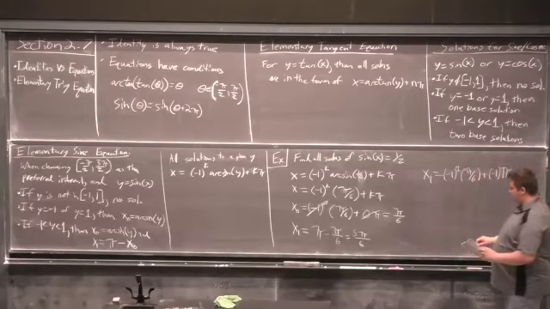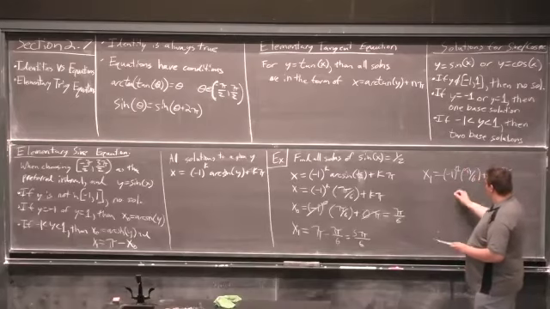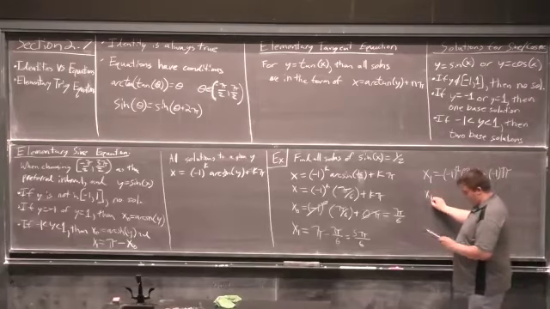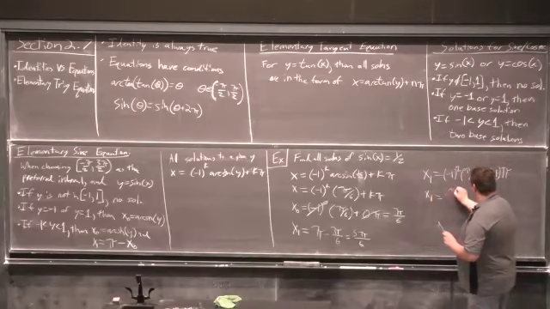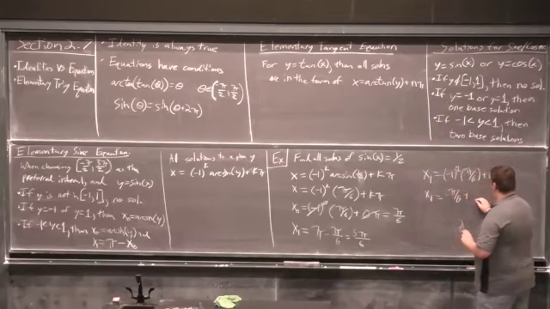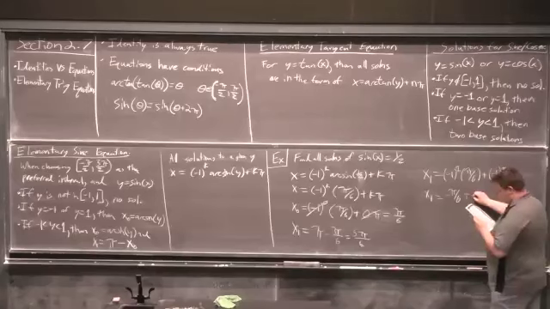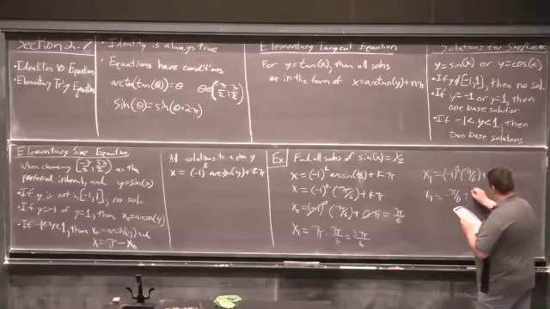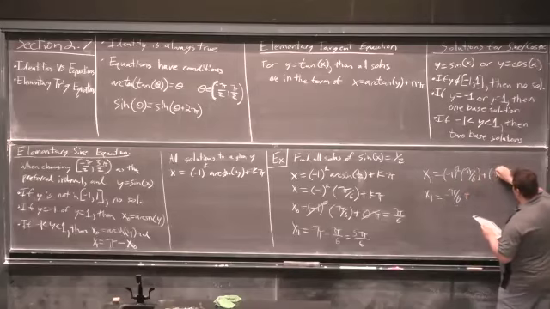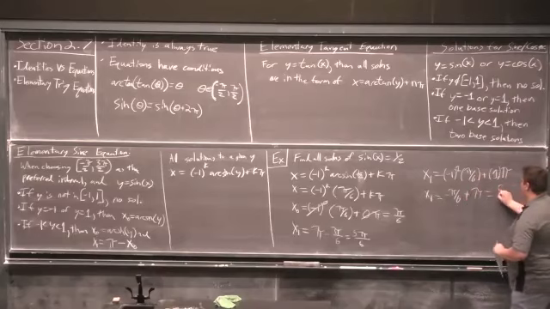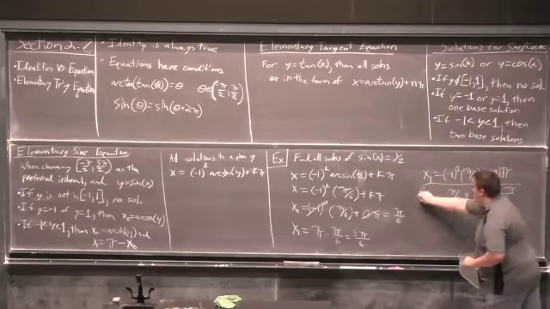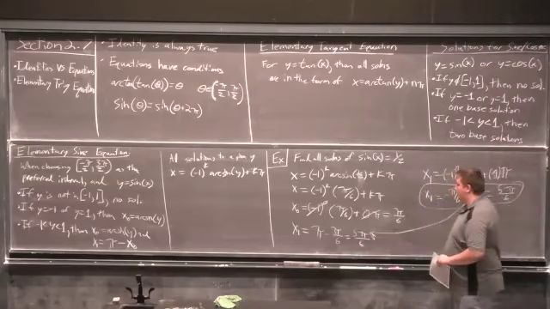Sorry, this is supposed to be 1. So that's negative pi over 6 plus pi, which is 5 pi over 6, and we get the same value.